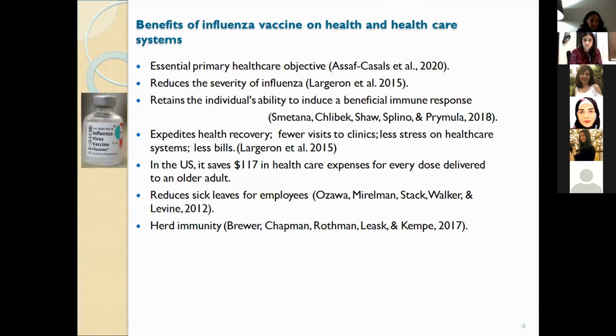The benefits are, first of all, vaccination is a primary healthcare objective. It reduces the severity, as we have said. In terms of cost, in the US, it saves around $117 in healthcare expenses for every dose delivered to an older adult. For an employee, it might reduce sick leaves and days off. On the societal level, it promotes herd immunity. In other words, it lessens the transmission of the disease from one individual to another.